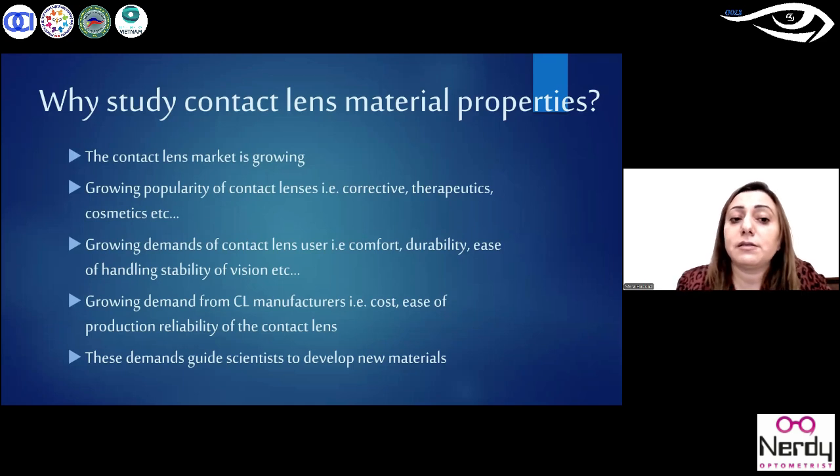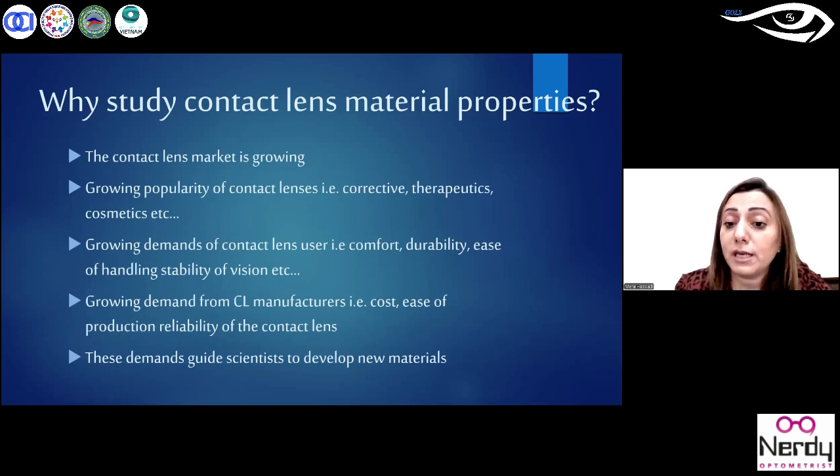And there are the demands of contact lens users. They want a comfortable contact lens. They want a durable contact lens, and of course, they want stable vision and comfortable wear during wear, I mean. And the demand from the contact lens manufacturer as well, they care about the market of the contact lens.